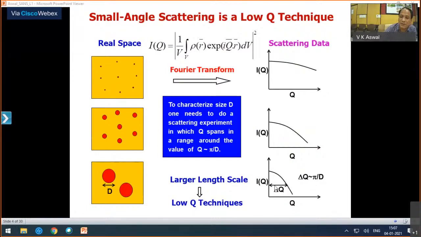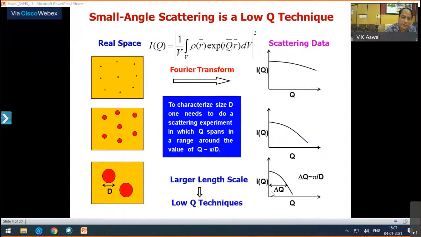Basically, the width of this distribution is reciprocal to the size of the particle. So what does this mean? This means that if your sizes are larger, as in the case of small angle neutron scattering, you need low Q techniques, because as the size becomes larger and larger, your scattering will go to smaller and smaller Q values.